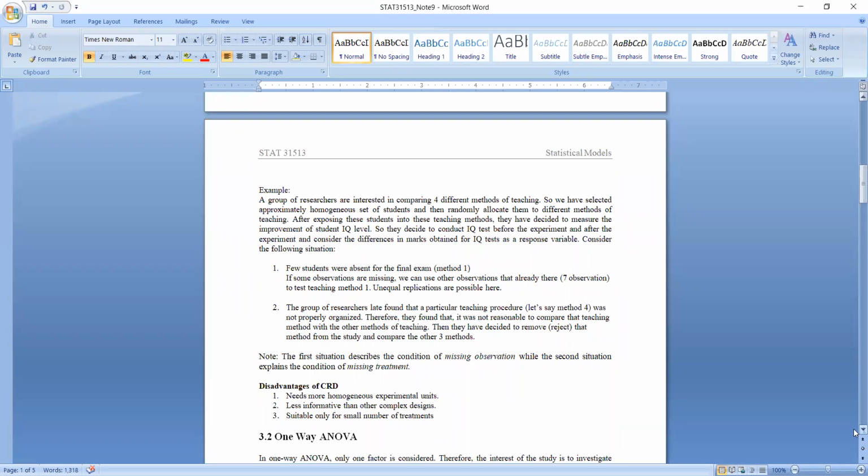After exposing these students to these teaching methods, they have decided to measure the improvement of student IQ level. So they decide to conduct an IQ test before the experiment and after the experiment, and consider the differences in marks obtained for the IQ tests as a response variable.